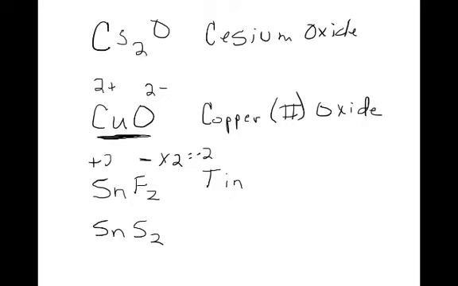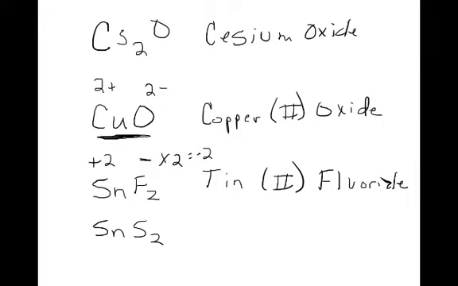So the tin, to balance that out, must be +2. So this is tin 2 fluoride. Not flour. We don't want flour. Here's my eraser. Get rid of that. Fluoride.